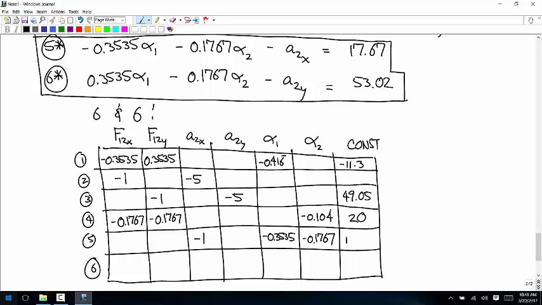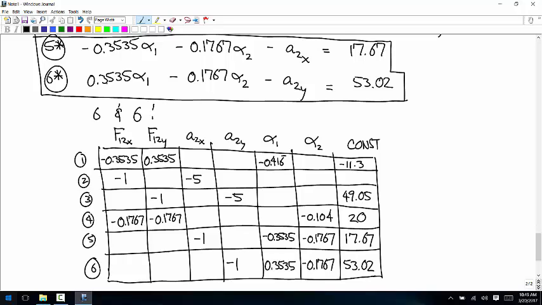And the constant is positive 17.67. And then equation 6, a2y, we have negative 1. Alpha 2, we have negative 0.1767. Alpha 1, we have 0.3535. And the constant is 53.02.